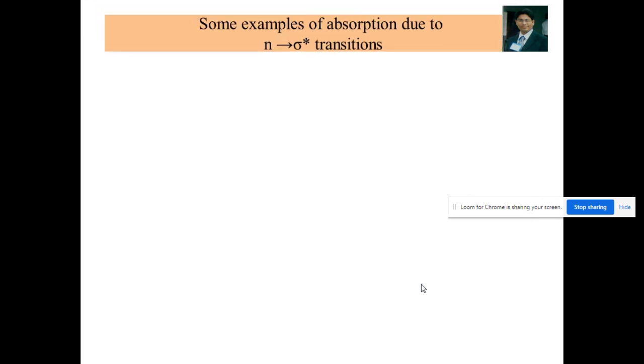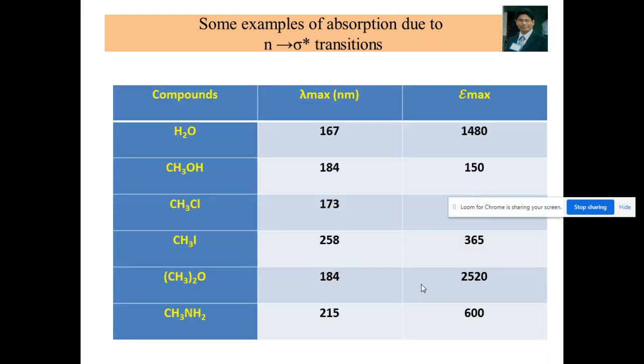Now we will see some examples of absorption due to n to sigma star transition. For this compound, we will get two electronic transitions: n to sigma star at 290 nanometer and pi to pi star at 180 nanometer.